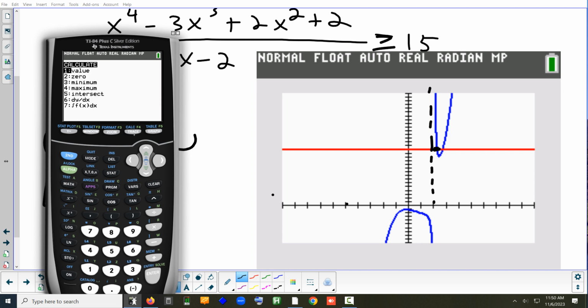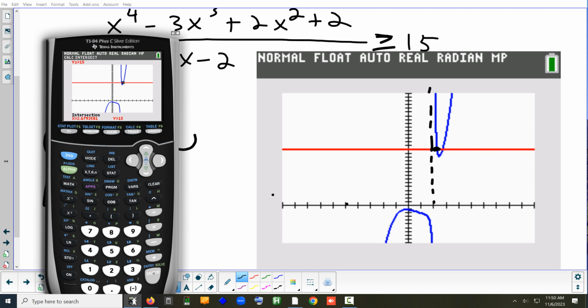Yep. So second calc intersect, and to get the other one, what is the calculator going to ask me that's important? The guess. Go closer to the one that you want, which is to the right. You need to put the guess closer to the right this time. So just put it further to the right.